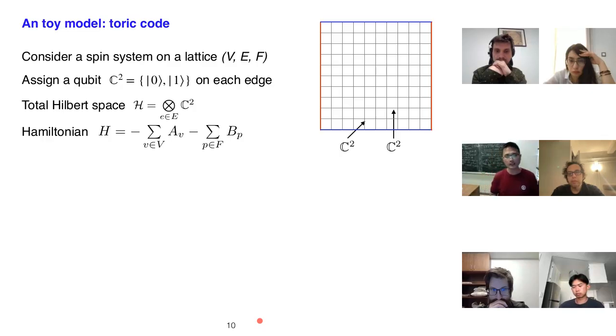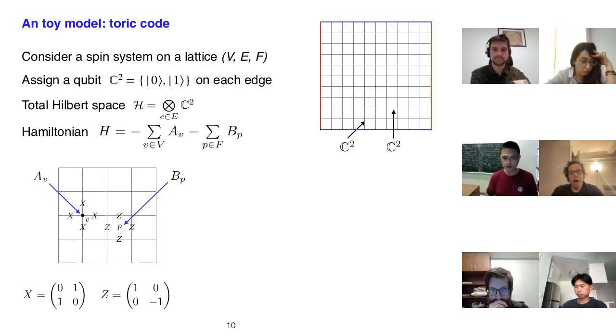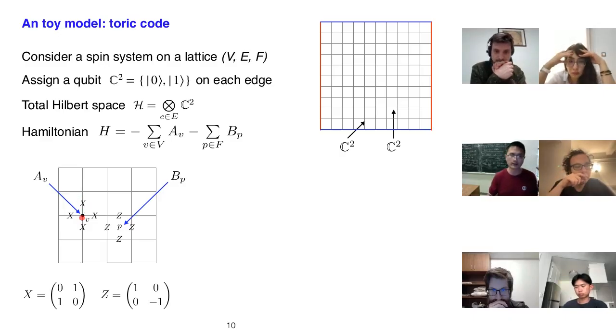The Hamiltonian H consists of two types of terms: A_V for each vertex V and B_P for each plaquette P. More precisely, given a vertex V, A_V acts by the Pauli X operator on the qubits adjacent to the vertex V. And similarly, this B_P operator acts as the Pauli Z operator on the qubits on the boundary of the plaquette P.